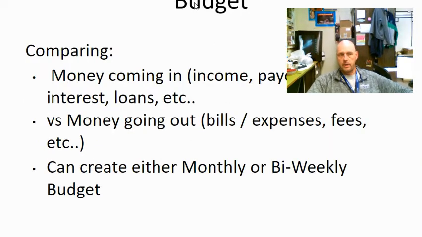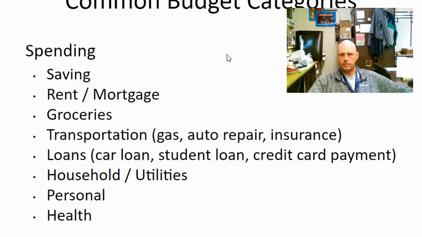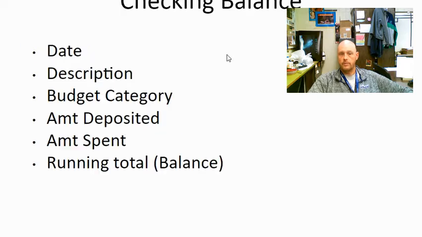Your budget is going to be your paycheck coming in, and it's going to be your money going out. And the biggest part about a budget is it's the plan. Now, you may say, well, I've already heard something like that, Mr. Clem, when you started talking about your check register, right? Your check register is what actually happened after the fact, right?